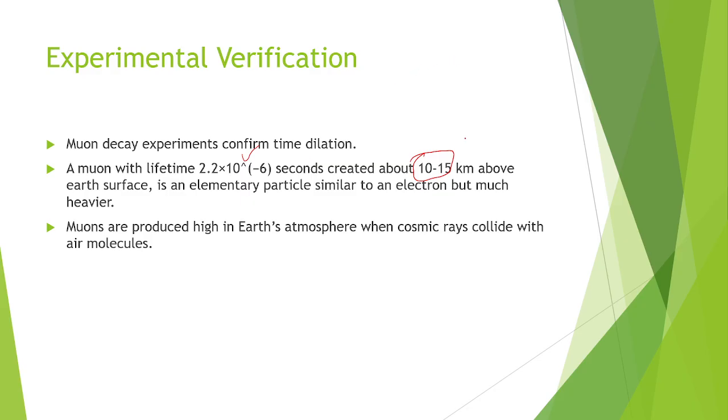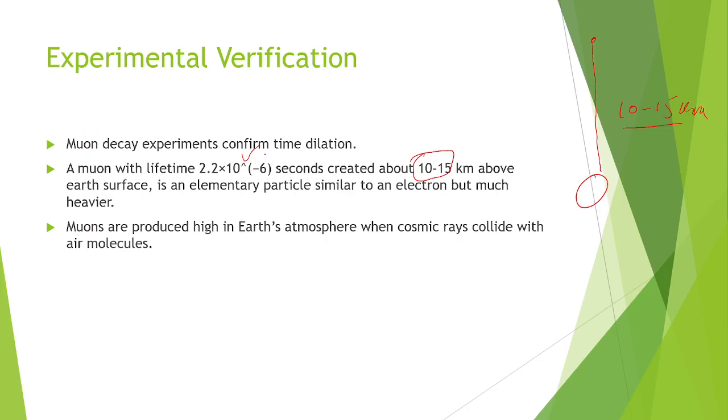So here is the Earth and it is created over here, at this distance of 10 to 15 kilometers, and it is produced due to cosmic ray collisions with the air molecules. So the cosmic rays collide with the air molecules and form the muon.